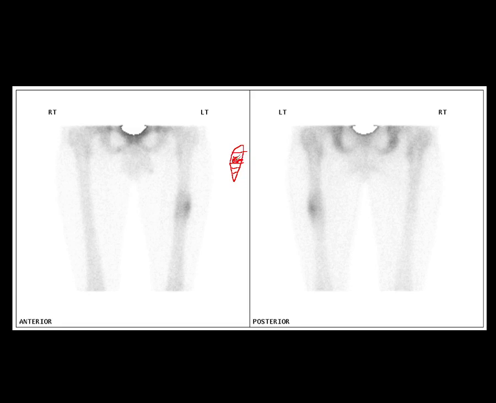Sorry, I'm not drawing this very well. A sharper area, so that's called a double density sign. Moderately increased activity here and intense activity here. But in some cases, in fact most of the cases I've seen, you just see an area of increased activity. This is what we might see, the classic pattern for an osteoid osteoma.